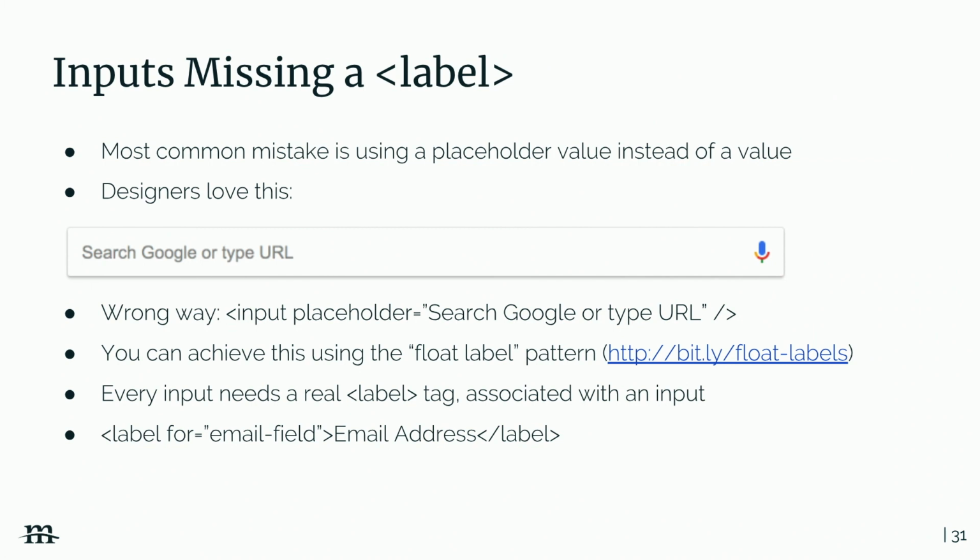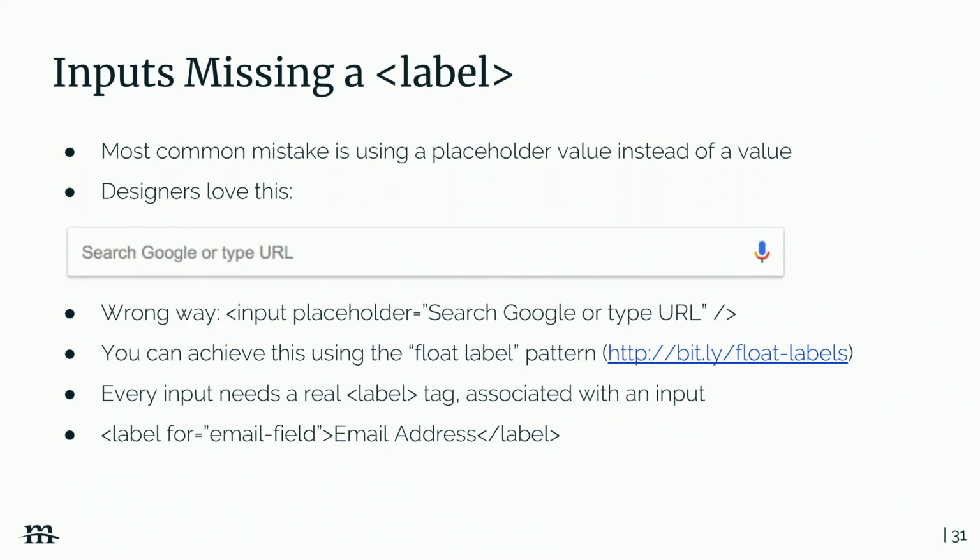So there's that. It's possible to achieve this pattern using a label and do it accessibly. Just because something looks like this doesn't mean it's not accessible. It's often referred to as the float label pattern. I have a link there to a CSS Tricks article that will show you how to do that.